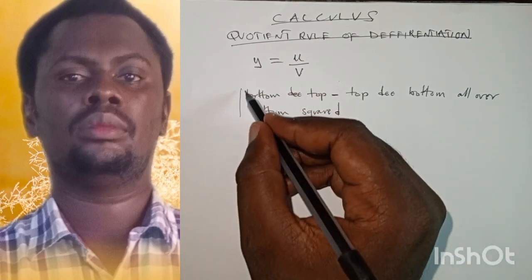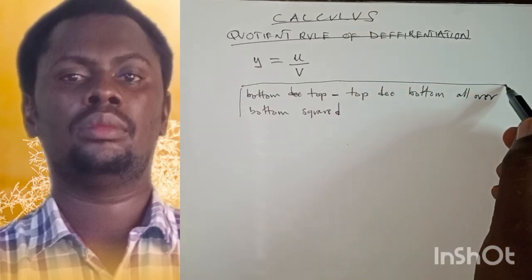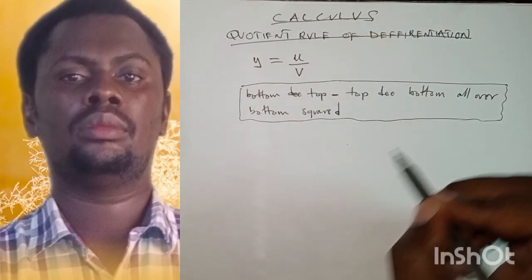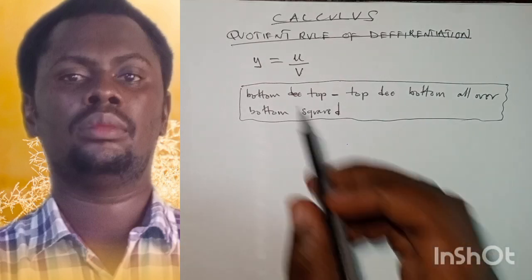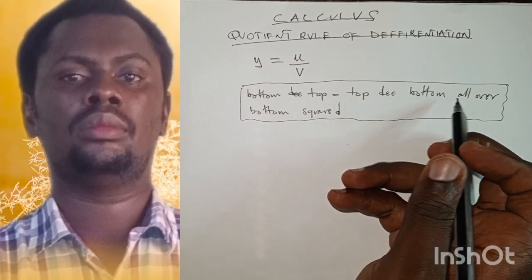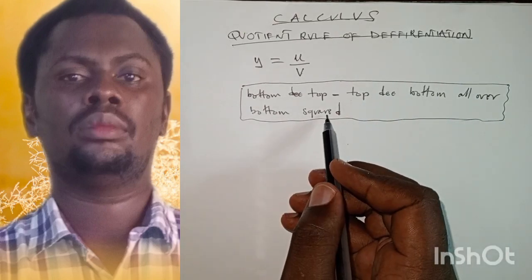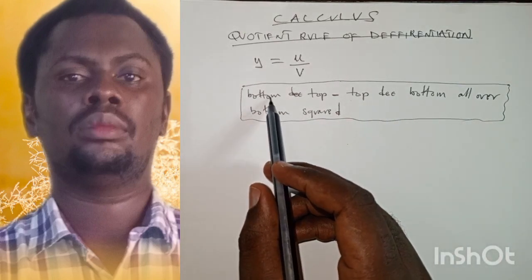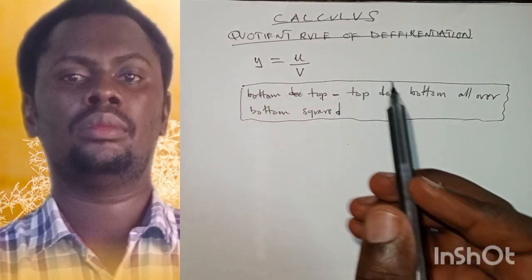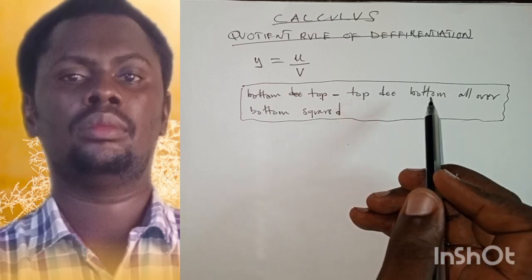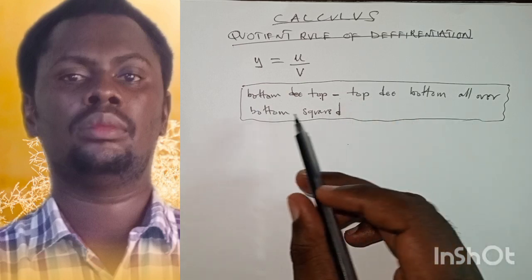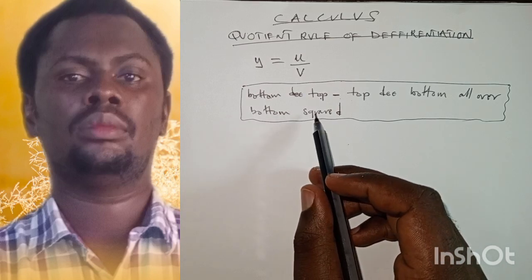So this is a simple sentence you must memorize. So you keep the denominator constant, you differentiate the numerator, and minus, you keep the numerator constant, you differentiate the denominator, then divided by the denominator squared.